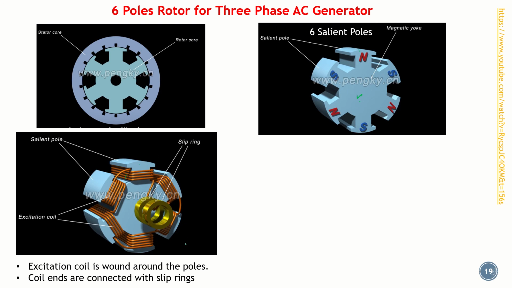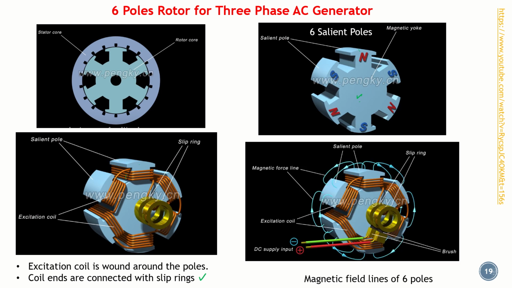The coil ends are attached with the slip rings, and through the slip rings they go to the DC source. It looks like this. These are the coil ends, and these are our slip rings. We attach the slip rings here because it will be rotating.